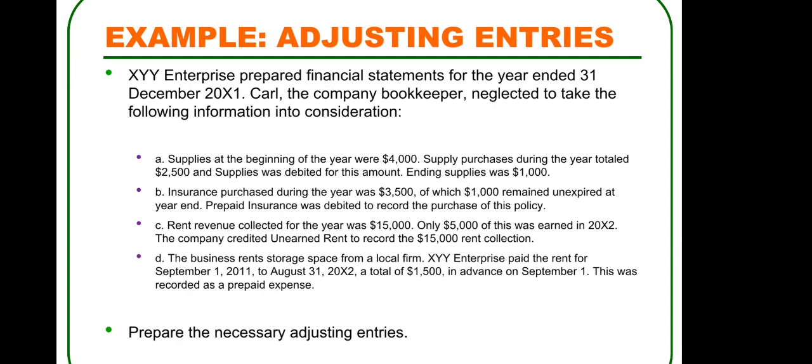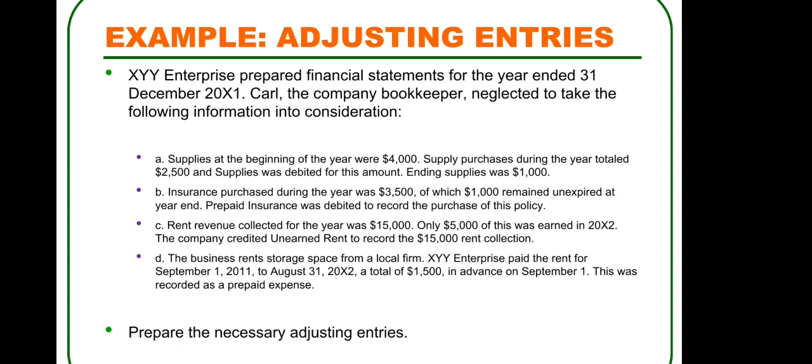Now, what is the adjusted entry at the end of the year? See the information there: 1,000 remains unexpired. So if 1,000 remains unexpired, how much of the prepaid insurance has been used? The amount that has been used is 2,500.